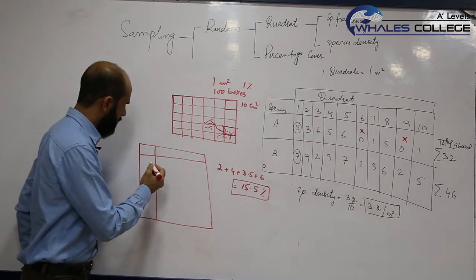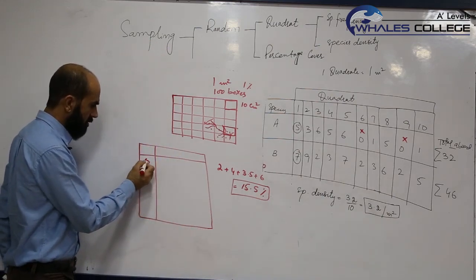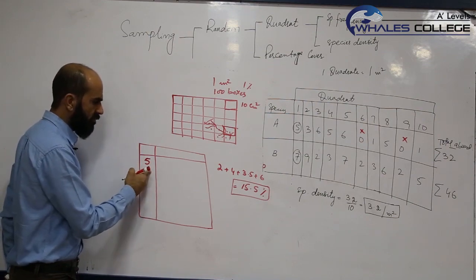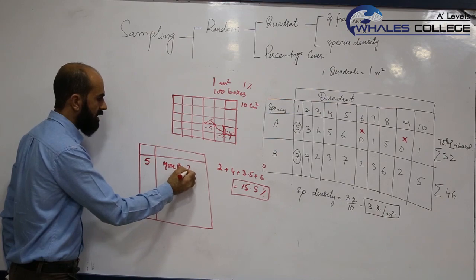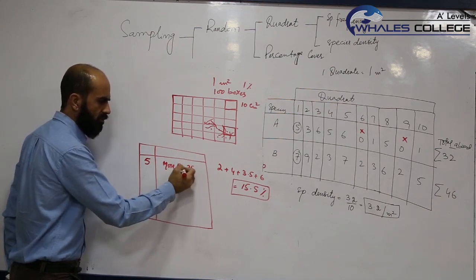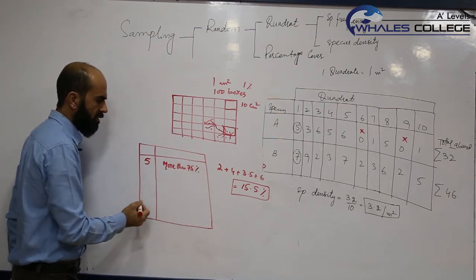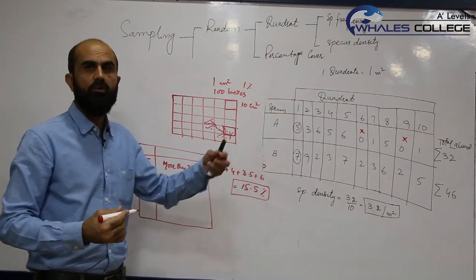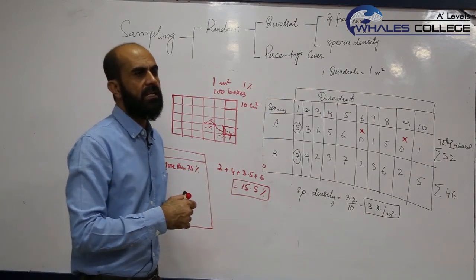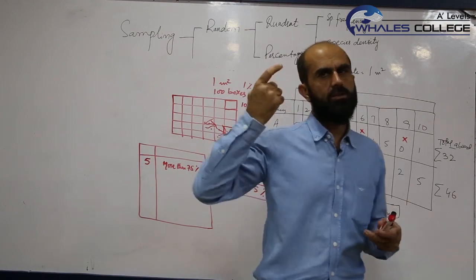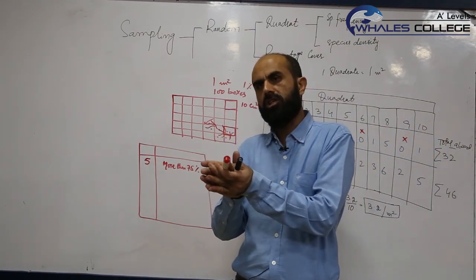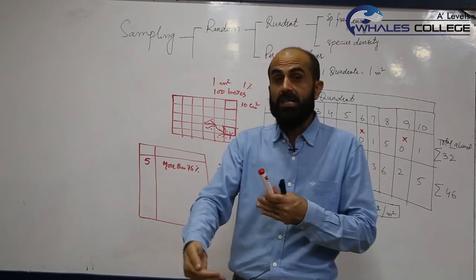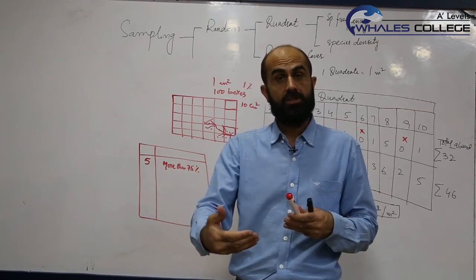If a scientist puts 5, this means more than 75% percentage cover of a species, between 75 and 100%.